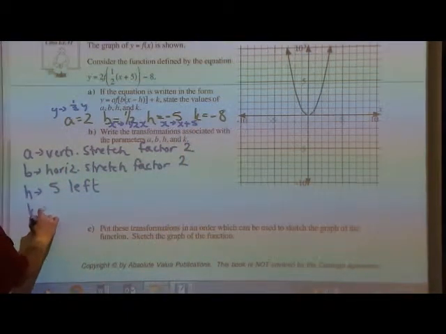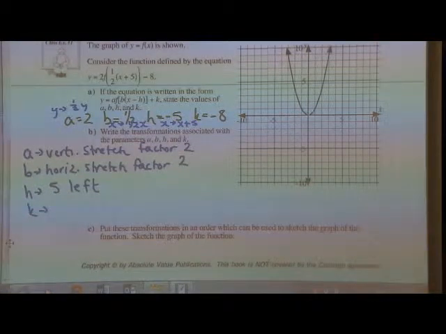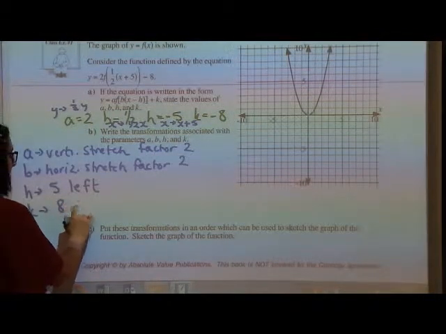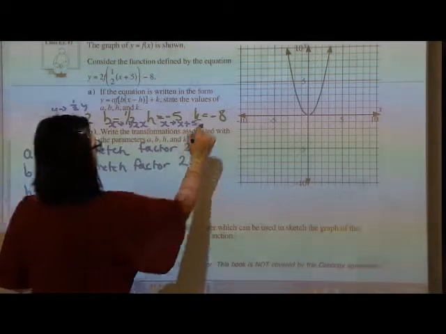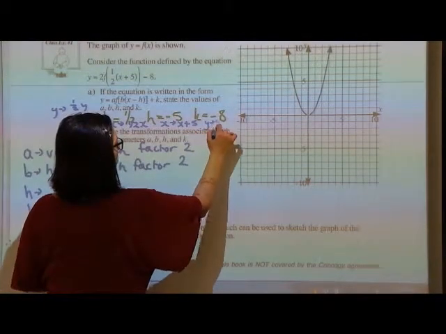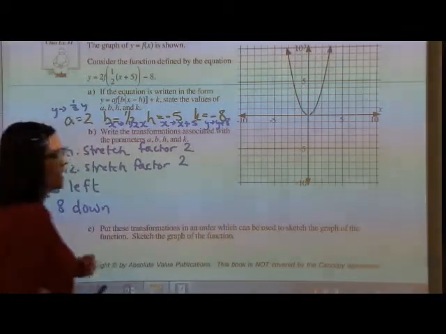The k value. Vertical translation. 8 down. Okay. And that again is because I would be replacing y with a y plus 8.